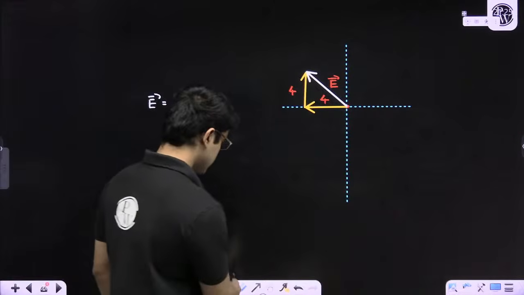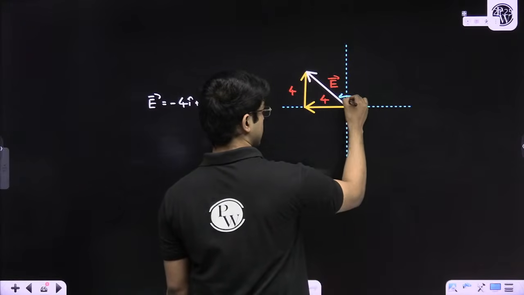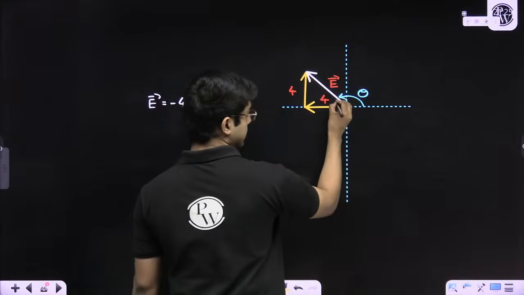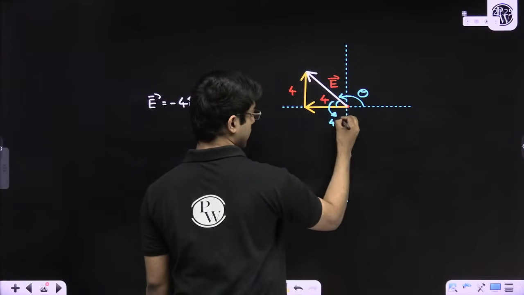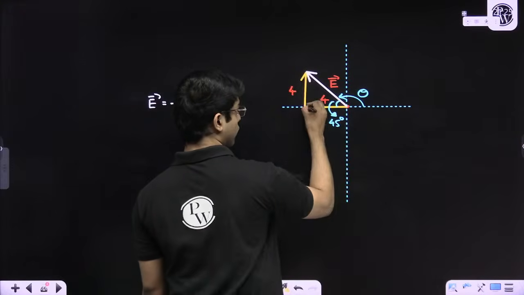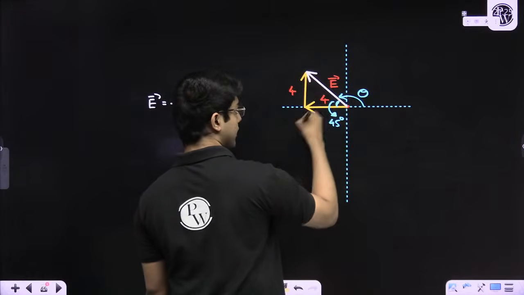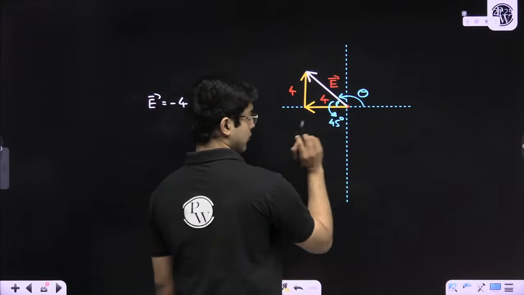What the question asked is, what is the angle the electric field makes with the positive x-axis? So this angle is what they asked. This angle is simply 45 degree, right? This angle will be 45 degree because this is a 4-4 triangle. So tan theta will be 4 divided by 4, which is 1. So tan theta 1 means theta 45.